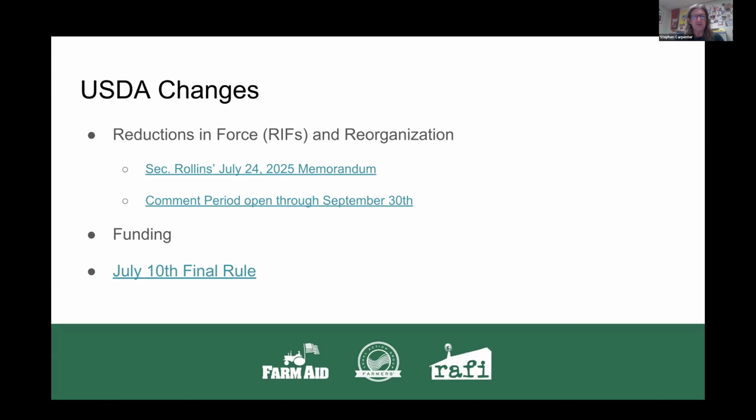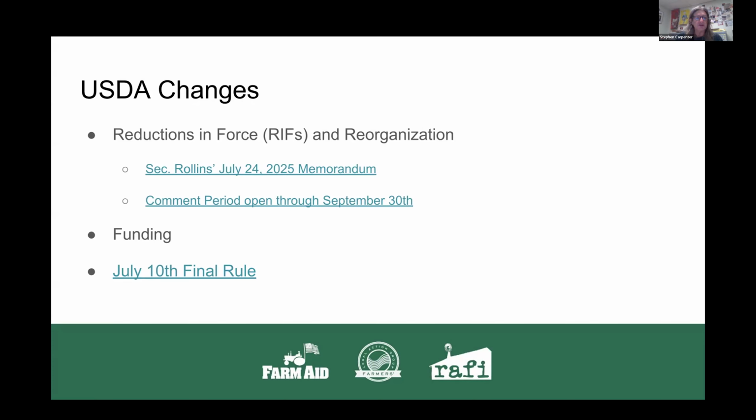And basically what we have here is a form of what people often call affirmative action. That is to say, you have certain groups of people who have experienced discrimination in the past. And so the government tries to create a program which gives those particular folks a bit of an advantage. And so at USDA, SDA stands for socially disadvantaged applicant.